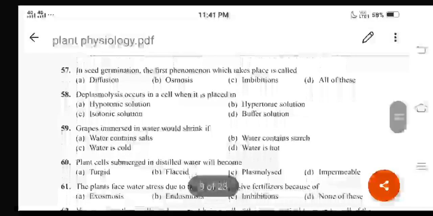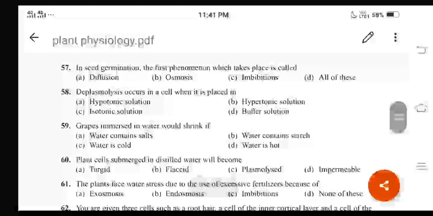Then let us go for the next question. Question number 57. In seed germination, the first phenomenon which takes place is called diffusion, osmosis, imbibition, or all of these. Here the first phenomenon will be imbibition only.